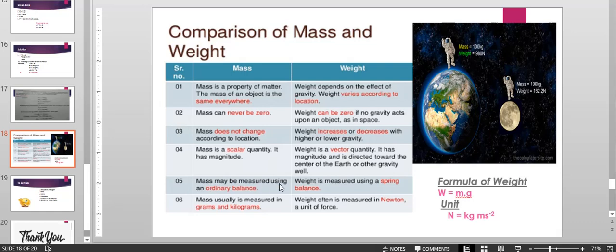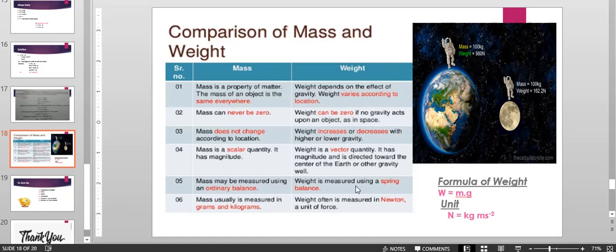Fifth, mass may be measured using an ordinary balance, whereas weight is measured by using a spring balance. And the sixth difference is that mass usually is measured in grams and kilograms, whereas weight often is measured in Newton, a unit of force.